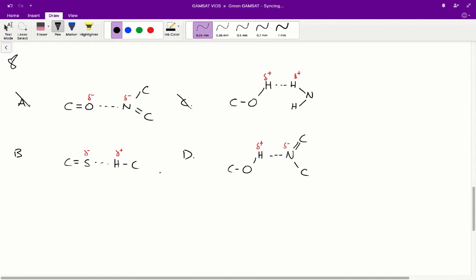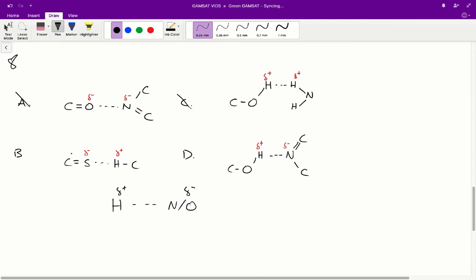B and D are, but whilst B is definitely a dipole-dipole bond, with that delta negative and delta positive, same with D, D is stronger, and the reason why is because D is an example of a hydrogen bond. A hydrogen bond forms between a hydrogen that has a delta positive value and a nitrogen or oxygen which has a delta negative value.